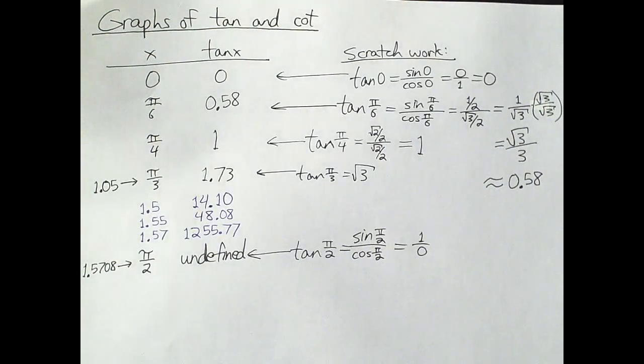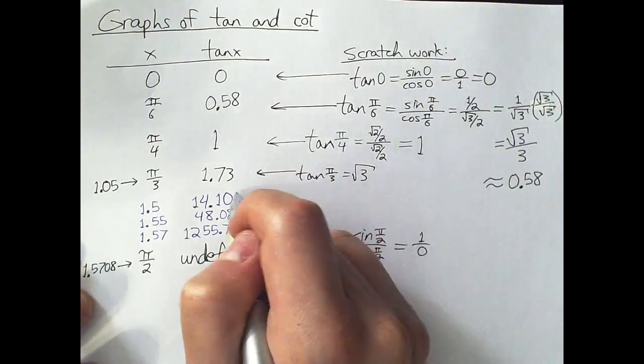Can you think in your head, can you picture what's happening on the graph in this area? You imagine these points? The y-coordinate is getting very, very large, and then all of a sudden it's undefined. This is going to be a vertical asymptote. That is what we're seeing here.